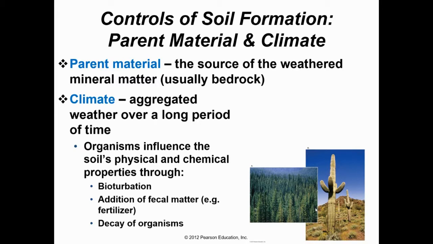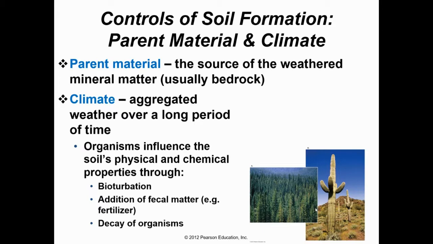Other controls of soil formation, of course, the parent material, what it's made out of, that matters as well, because some material just creates more of a richer soil than other types of material. Climate, we already talked about, the optimal being wet and warm type climates.